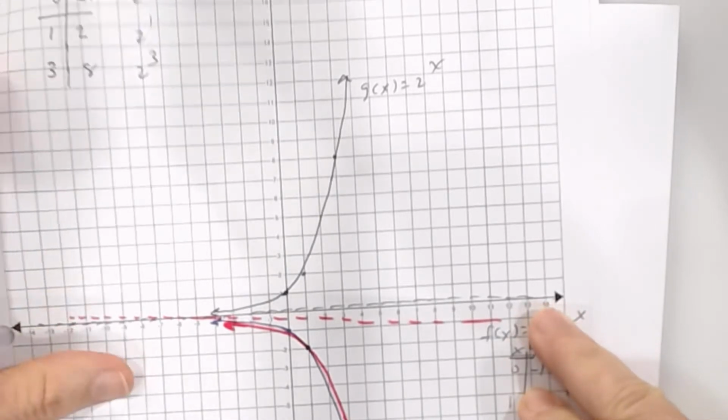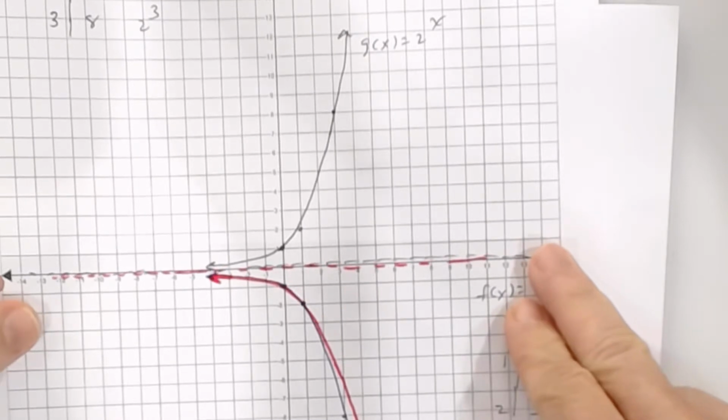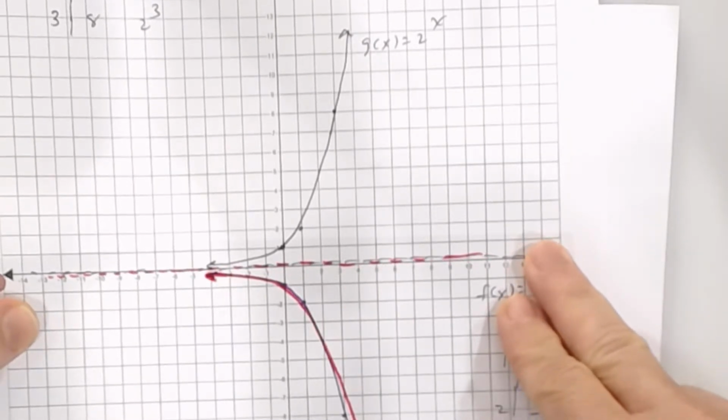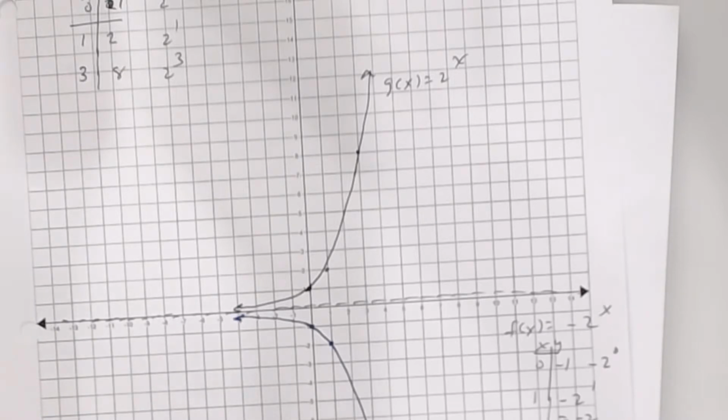Of course, I didn't draw it very well, but it should overlap with the blue. Okay? All right, so again, that's our second problem with that negative out in front, so the idea of that reflection. Okay, let's do a couple more.